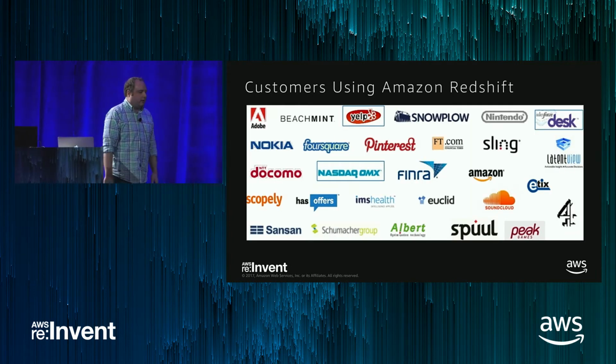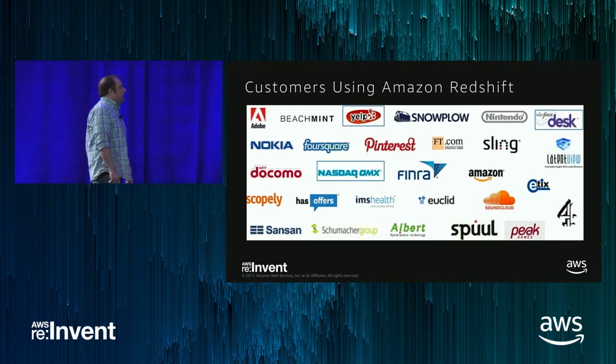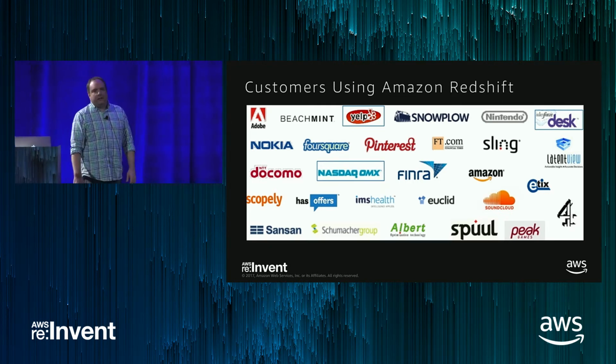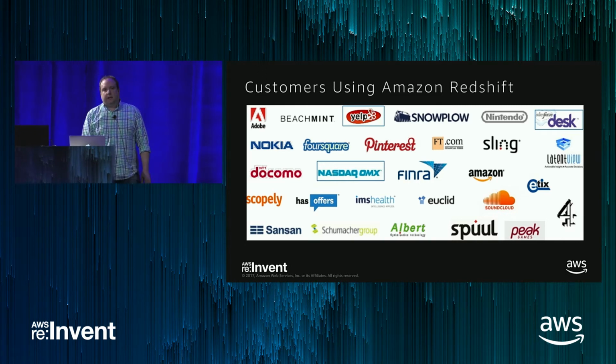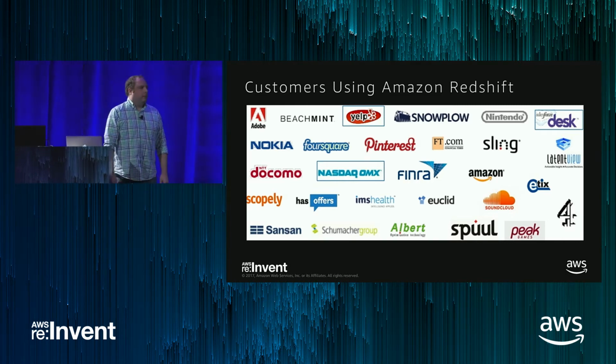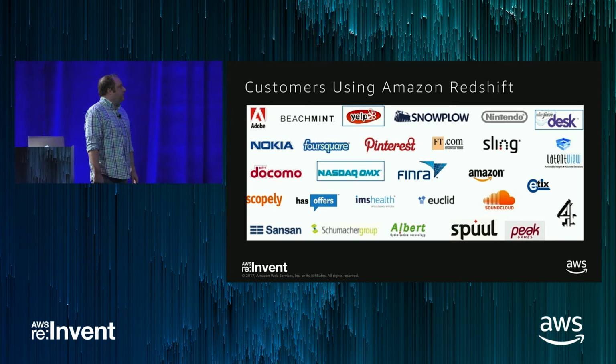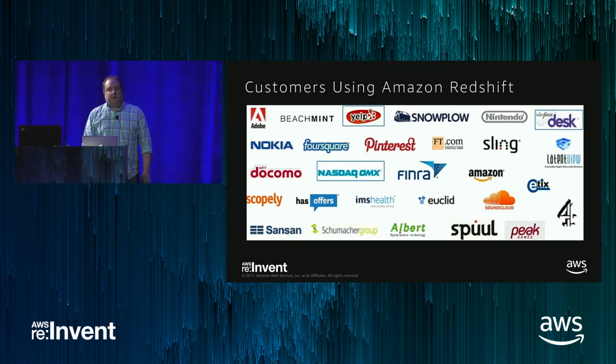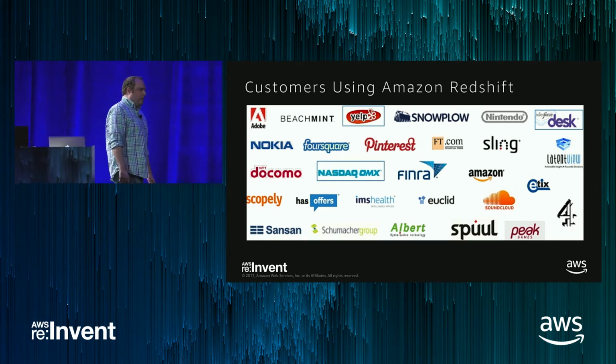This is just some of the customers that we have that are using Amazon Redshift. One I want to call out specifically is Foursquare. Foursquare had an issue a while ago where they wanted cost savings with their existing database system, so they went to Amazon Redshift. The problem they had was yearly licensing costs with their existing database system, and it was very hard to keep up.